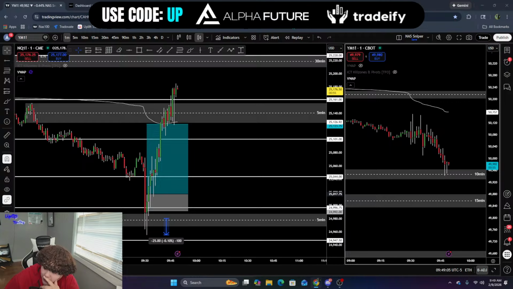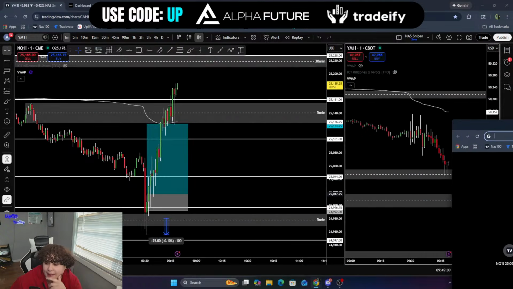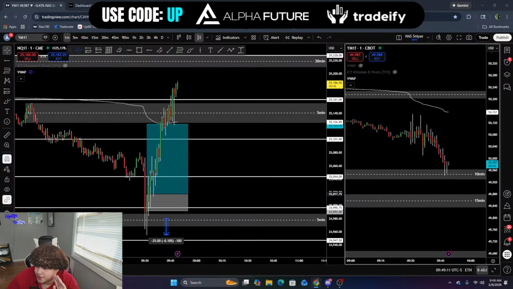How much did you pay for the 20 accounts, if you don't mind me asking? I believe in total, it was 19 per eval, I'm pretty sure, or it was 16. It was during the 90% sale, and then the activation fee was 65. So it was around $80 per account.